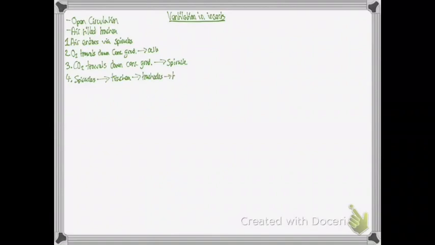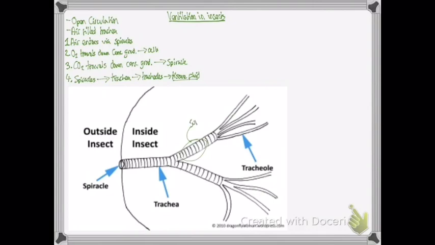So a diagram should come up around about now, and it's going to show you the passage of air. So air enters in our spiracle outside the insect. It flows through the trachea, tracheoles, and here we've got tracheal fluid, and then oxygen diffuses into the tracheal fluid, and the tracheal fluid carries that oxygen into the cells, into the tissue fluid.